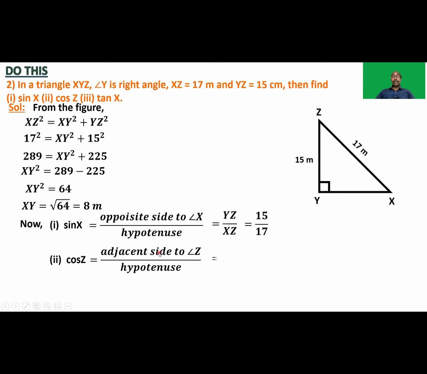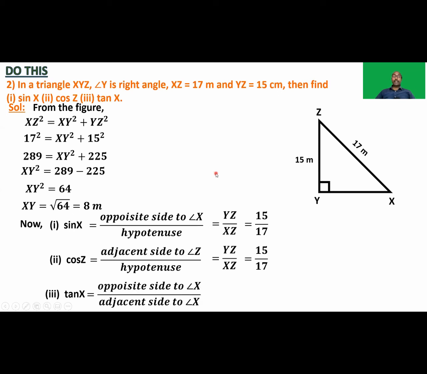That is again YZ by XZ, 15 by 17. Students, observe here that both sin X and cos Z are equal. And third one is tan X, and tan X is opposite by adjacent, that is YZ by XY is equal to 15 by 8.